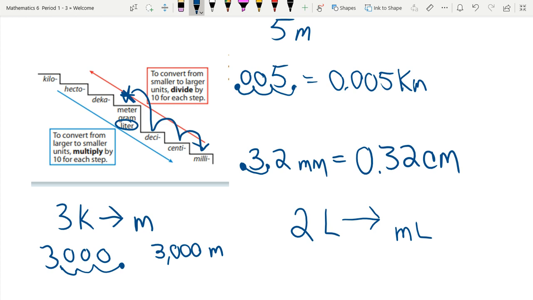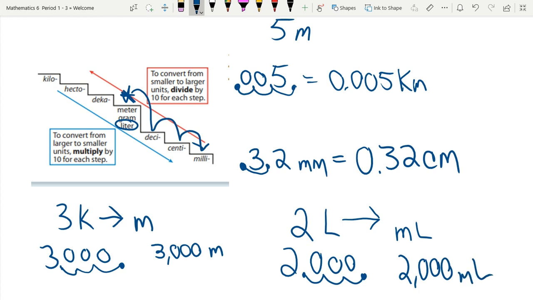We went to the right. My decimal is after the 2 because it's a whole number. I'm going to go 1, 2, 3 places, put in my placeholders. My answer is 2,000 milliliters.